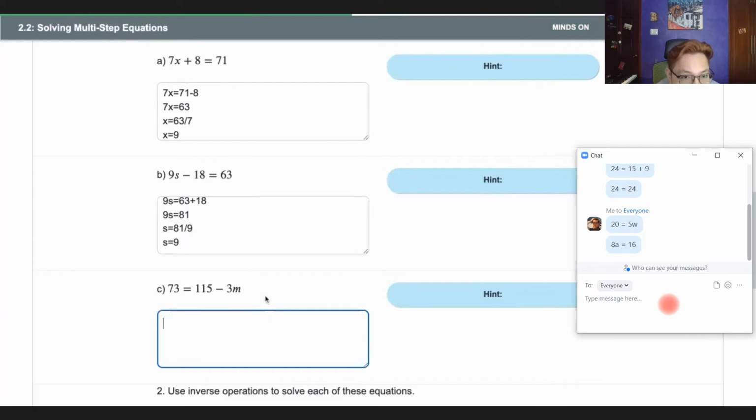And for the final question, I would say move the minus 3m to the left side, because you don't want to deal with minus. Yeah. Okay.